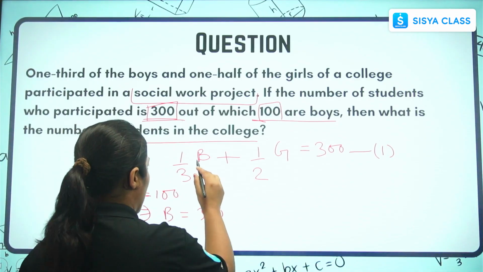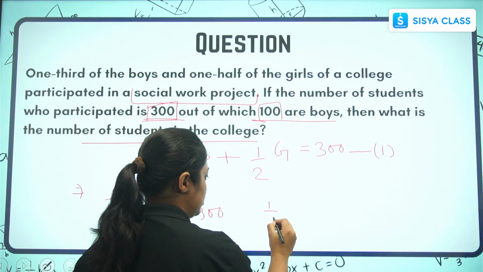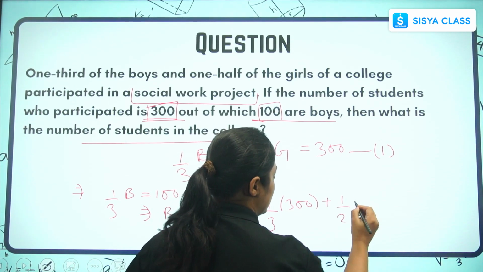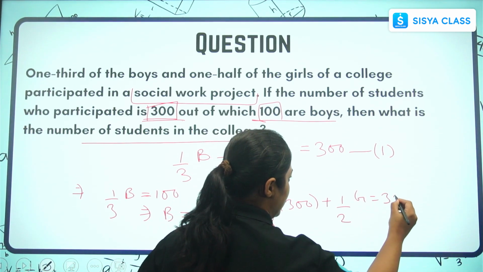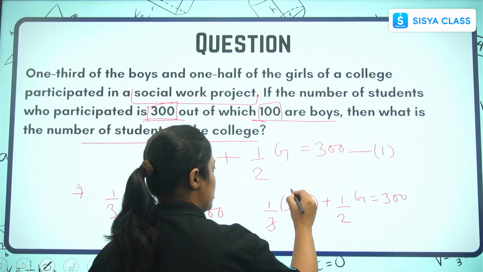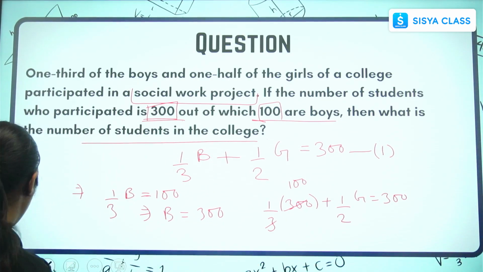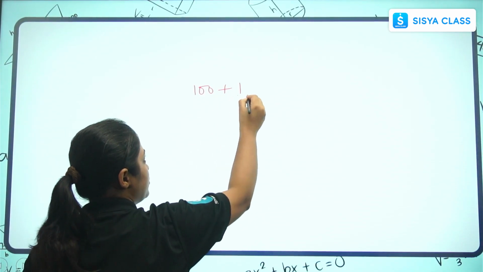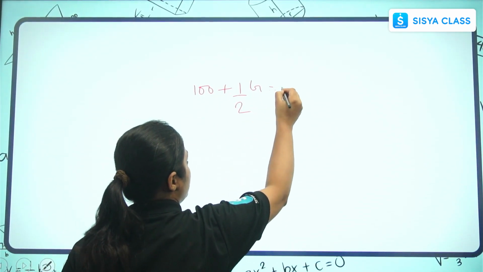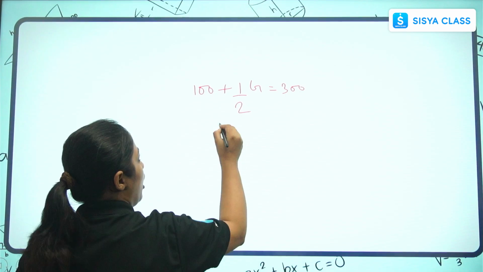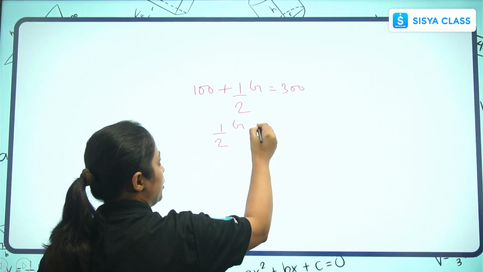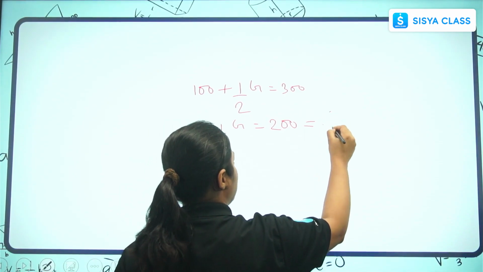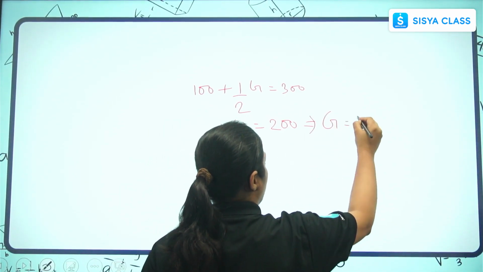So here you have 1/3 of 300 plus half of girls equal to 300, right? So you will get 100 plus half G equal to 300, half G you will get 200. So the number of girls is 400, right?